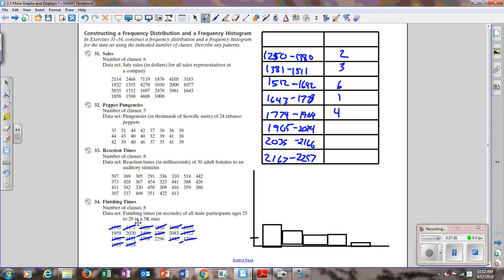1905 to 2034: 1, 2. Then up to 2166, there's 1. And then 2296 gives me 1 there. So I'll add up to 25.